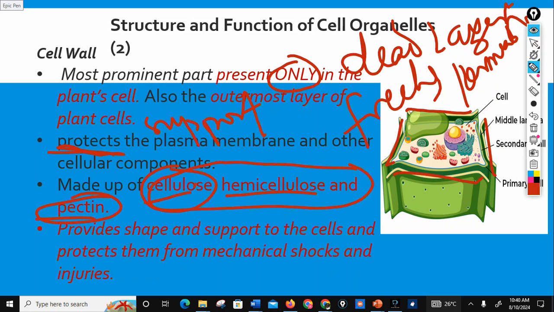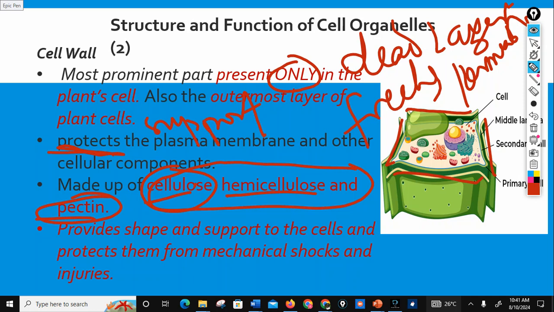The cellulose and the hemicellulose are only digestible by ruminant animals, and they are what form the hard structure that gives the cell wall its rigidity.